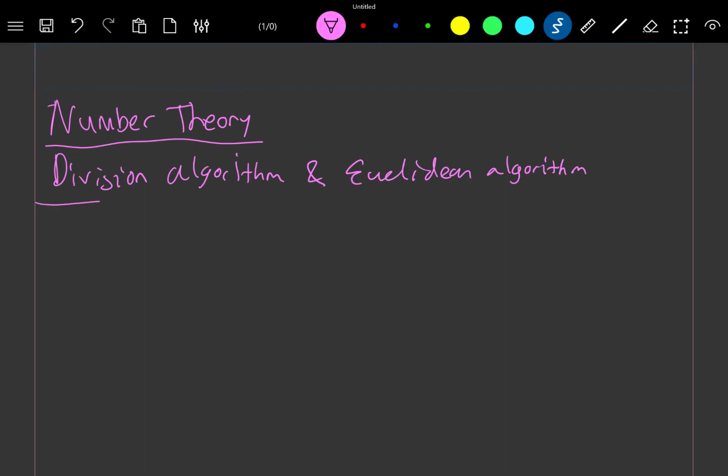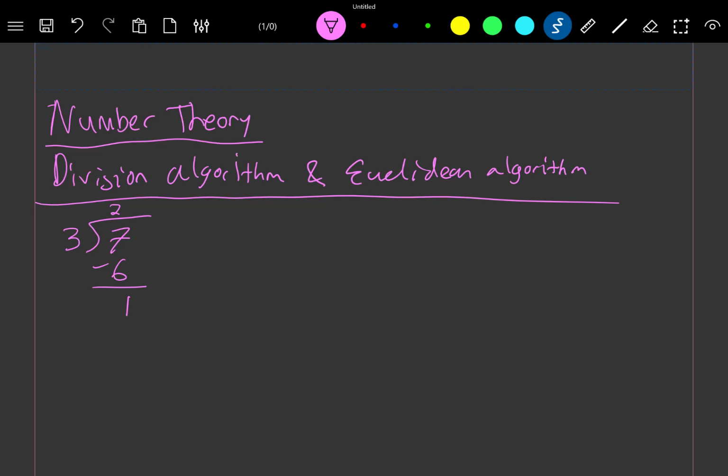So let's just start off with what the division algorithm is. When I say division algorithm, if you remember back to primary school, if you look at 7 and you divide it by 3, well, this is 2, and then you have this 1 left over.